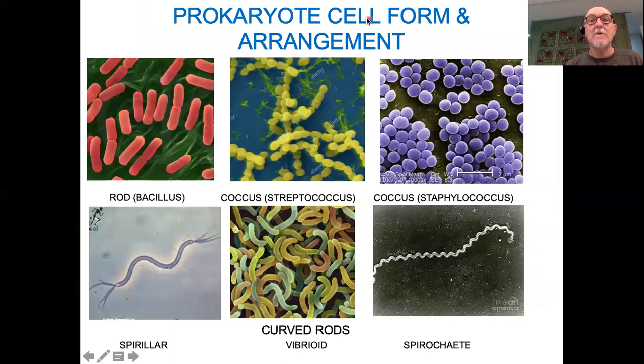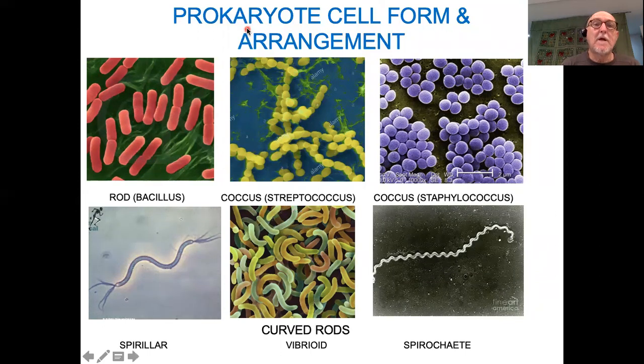Okay, so let's have a look now at the different kinds of bacterial cells that occur. These are very important characteristics for classifying bacteria, and that is their cell form and their cell arrangement. The two are not the same thing.